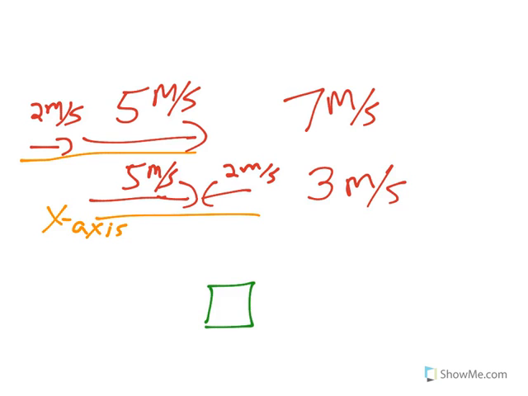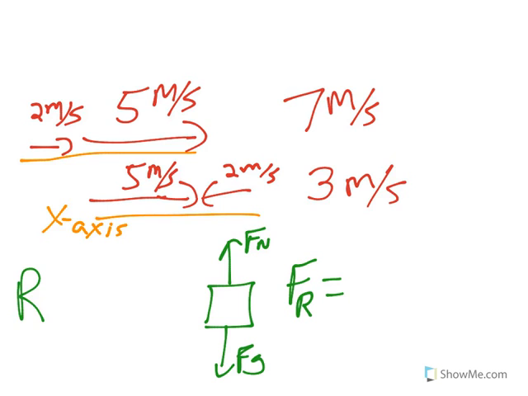we have a box sitting on the ground, there's a normal force pushing up and a force of gravity pushing down. And then if we wanted to add those two forces together, we would call that the resultant force. Remember, the resultant force or the resultant velocity. Resultant is the sum of two or more vectors.